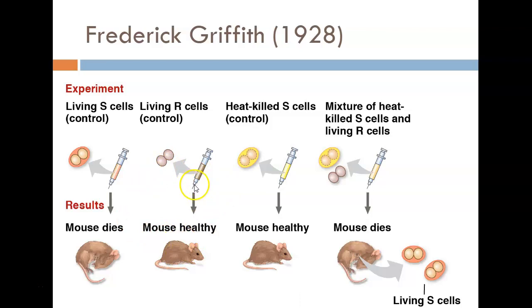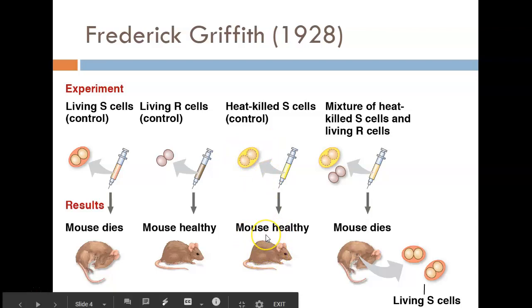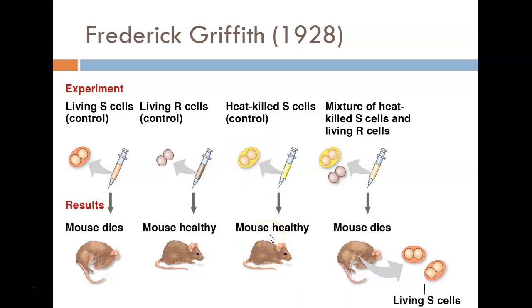So again, negative control. So then what they did was they took the viral version, or the pathogenic version, the one that causes disease, and they heat killed it. So we know that heat can denature proteins. And what they found was that when they did this, the mouse lived. So that tells you that they have essentially murdered the pathogenic component.